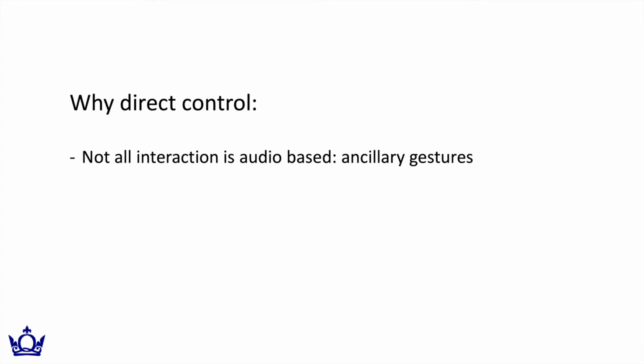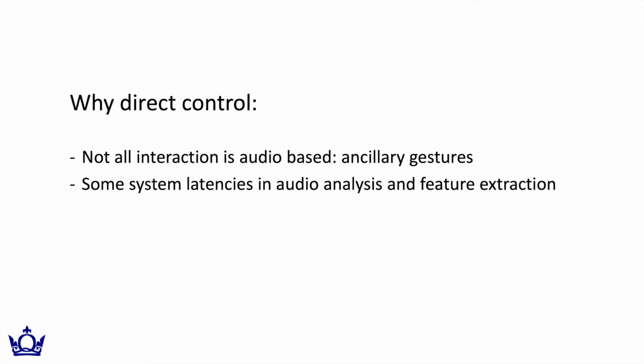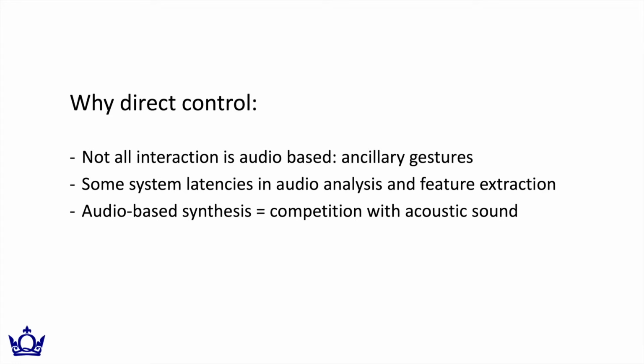Not all interactions, in the case of ancillary gestures, will produce sound, so not every action can be analyzed or used by audio feature extraction alone. Audio analysis can introduce latency, and the idea of audio-based synthesis implies that there is an organic signal which needs to be competed with. Having mentioned all of this, I want to again reiterate that we should not define indirect control as being audio-based, but as being feature extraction-driven.